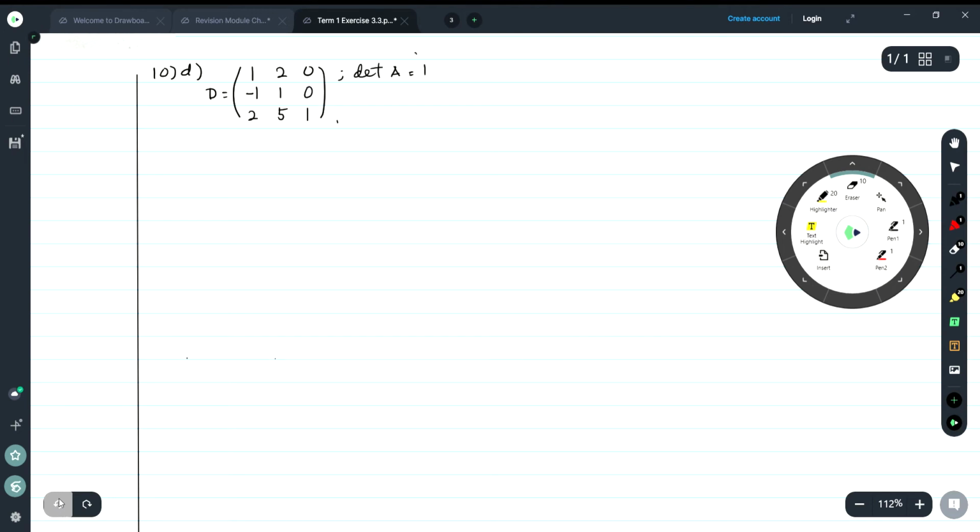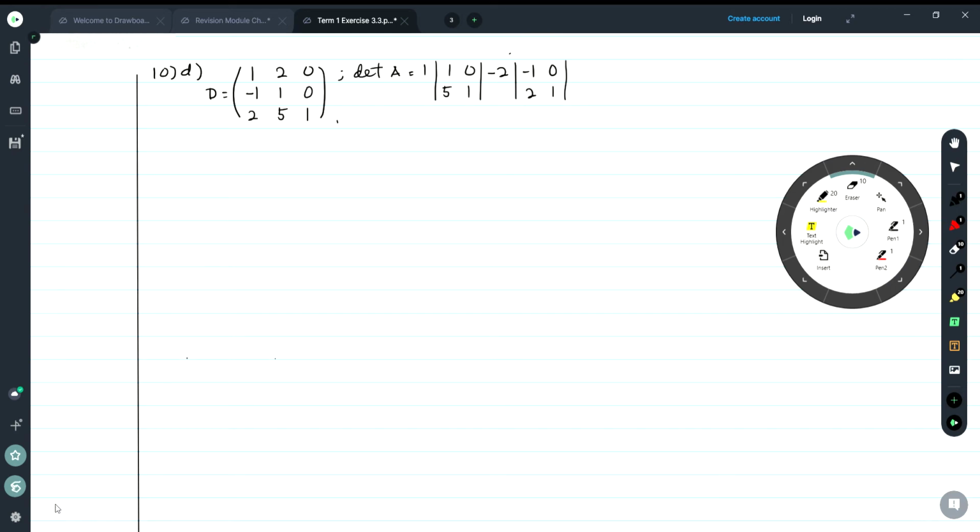Next we try to find the determinant of D. So use the first row. 1 times its minor, which is 1051, then minus 2 times its minor, which is minus 1021.